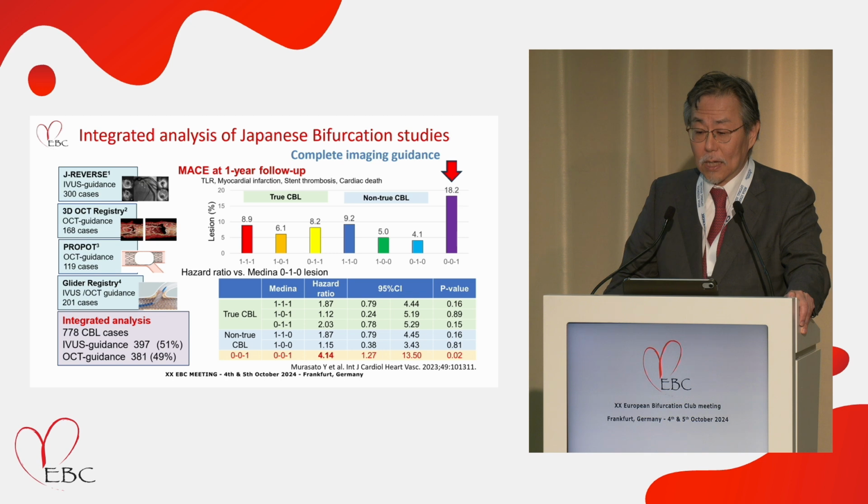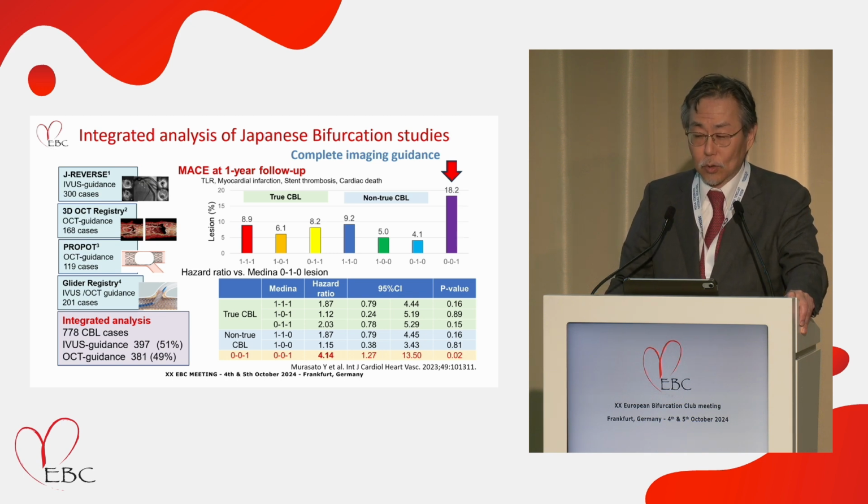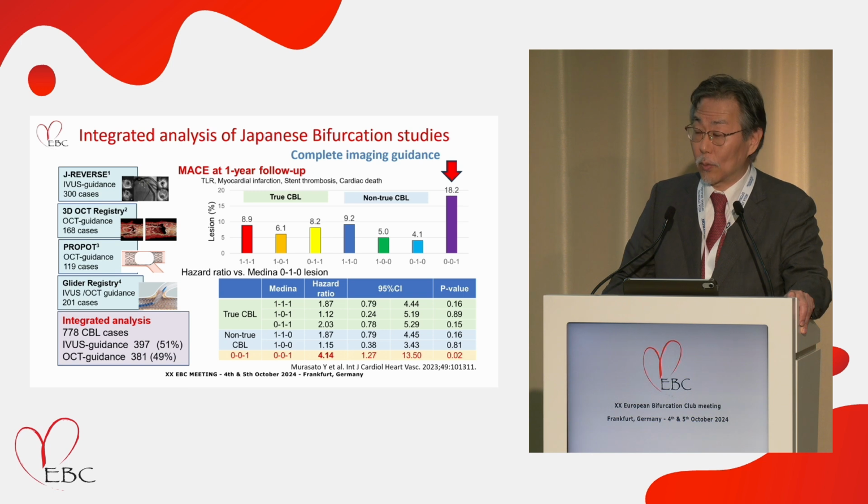Major adverse cardiac events at 1-year follow-up showed no significant difference between the true bifurcation region and the non-true bifurcation region, except for the higher event rate of the 001 region, 18%. So we compared the risk of the Medina subclasses against Medina 010, which had the lowest event rate. Only the 001 region had a higher MACE rate, with a hazard ratio of 4.1.